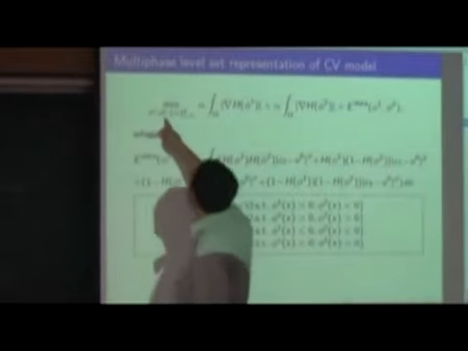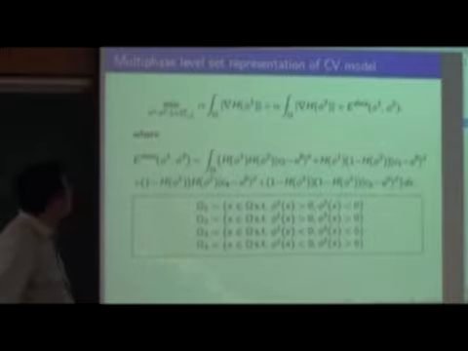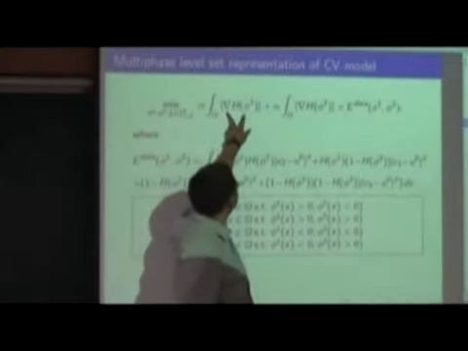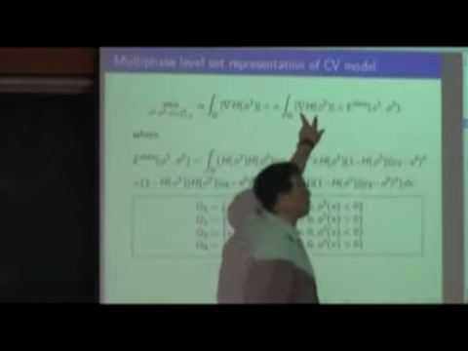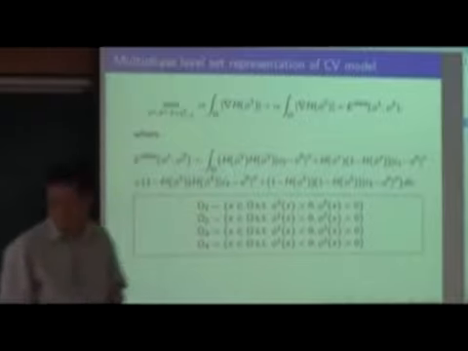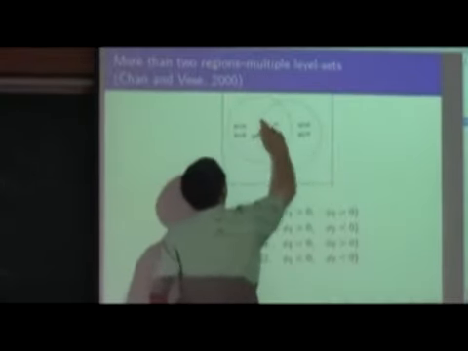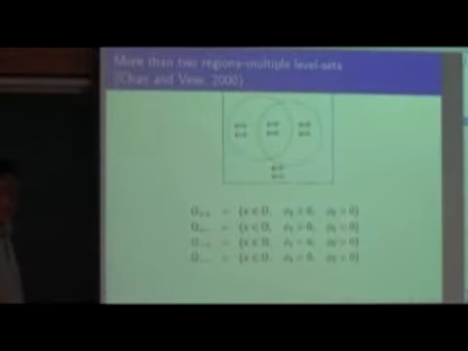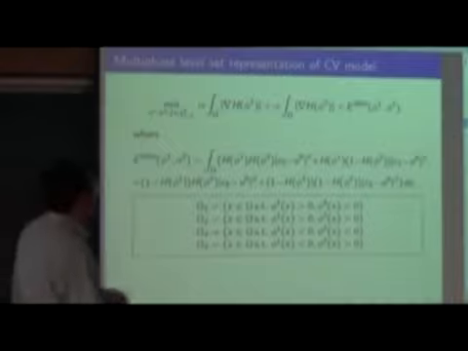You use phi 1, phi 2, C1, C2, C3, C4, and here will be the length of the boundary for the phi 1 level set. Here will be the length of the boundary for the phi 2 level set. So the first one calculates this length, and the second one calculates this length. So you minimize the sum of those two lengths.